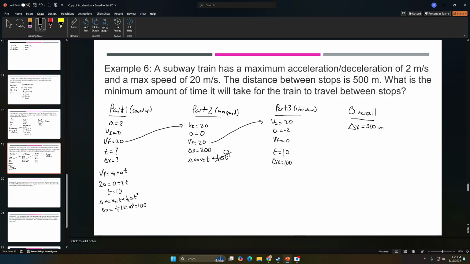So I get that 300 equals 20t, t equals 15, and I end up getting that the total time equals 10 plus 15 plus 10, 35. Oh, not meters per second. That's incorrect. Just seconds.